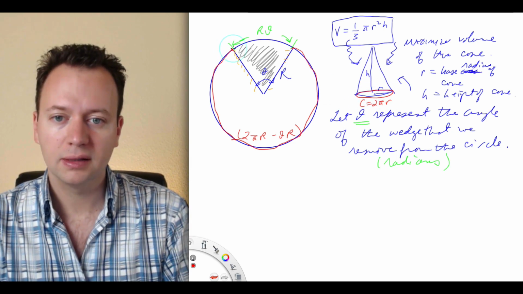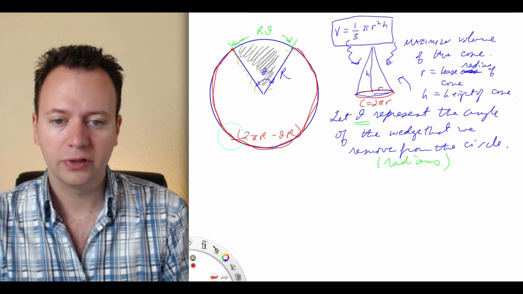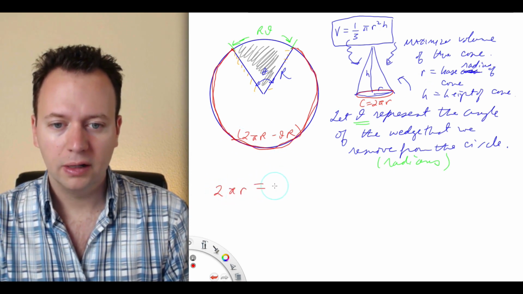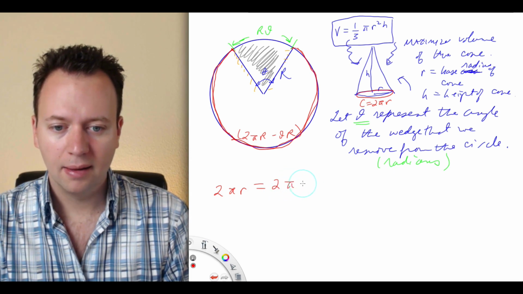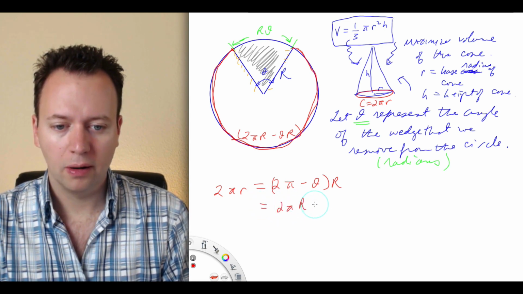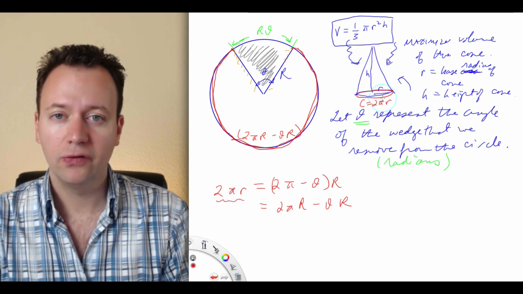So the arc length here is equal to 2 pi r minus theta r, which means the circumference of this cone, because this section right here makes up the circumference of the cone, is that 2 pi lowercase r is going to equal 2 pi minus theta all times capital R, or 2 pi capital R minus theta capital R. So this is the circumference of the base of the cone.